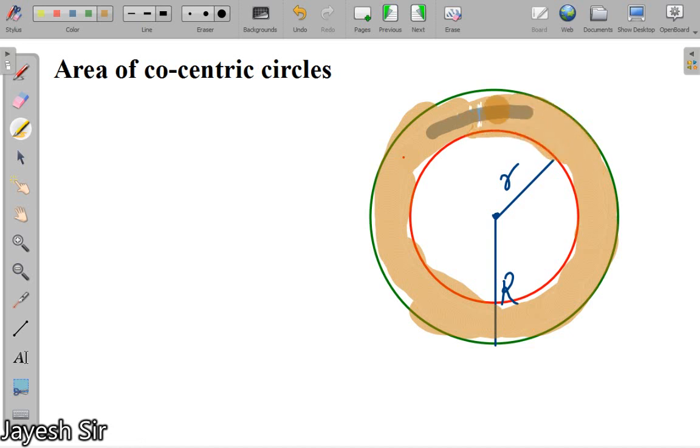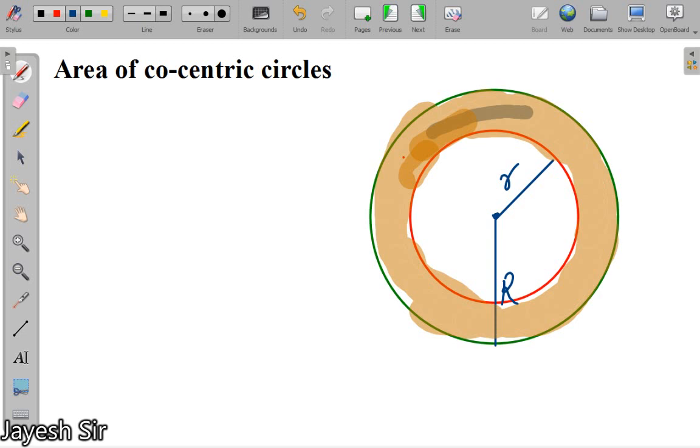This is also called the area of rings in some places. So how to determine the area of this? Let us think a bit. If I tell you to practically cut a piece on a paper so that it is in this form.